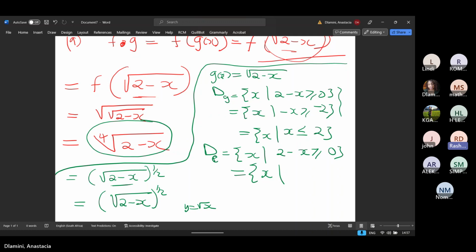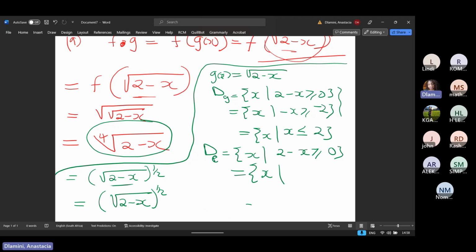X greater than or equals to 0. Give me the domain of y equals 2 times square root of x. Still the same. Constants don't affect it, unless you say 1 over, then it affects. Do you see that? Yes.